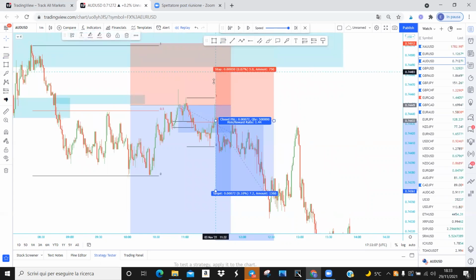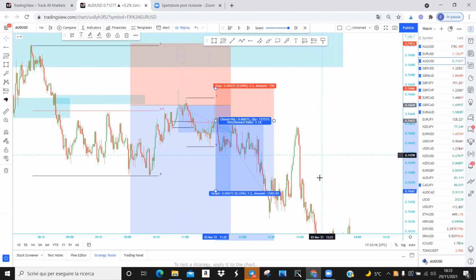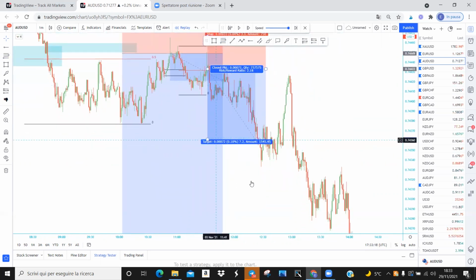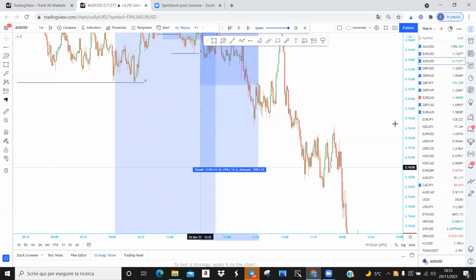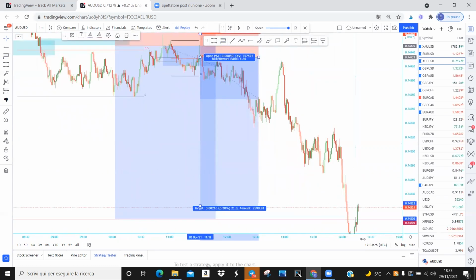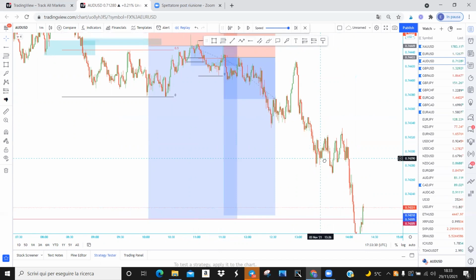Stop loss above this, 3.5, 3.3, just above the previous high. We have confirmation that we are reversing. Same take profit, and this becomes a totally different risk to reward ratio. This becomes a 1:7, almost 1:6.7.